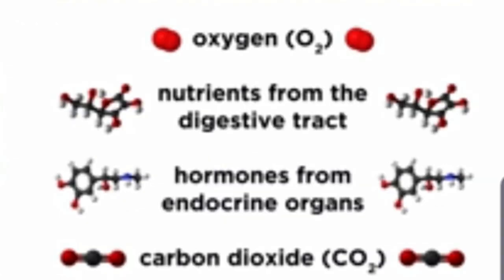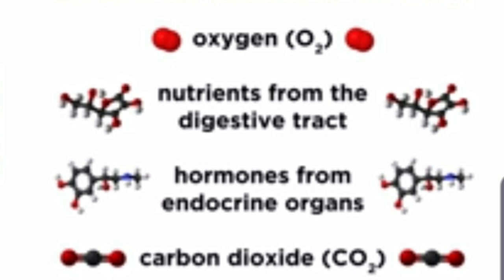As a whole, blood is responsible for distributing various substances around the body, most notably oxygen, which we can't survive very long without, but it also carries nutrients absorbed from the digestive tract and hormones secreted by endocrine organs.